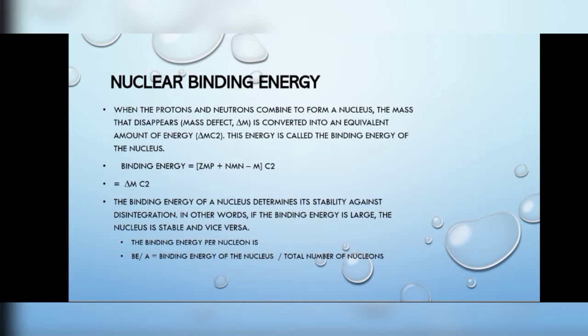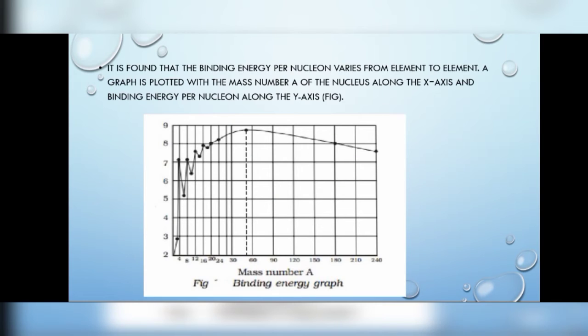In other words, if the binding energy is large, the nucleus is stable, and if not, the nucleus is not stable. The binding energy per nucleon is binding energy of nucleus per total number of nucleons. It is found that binding energy per nucleon varies from element to element.